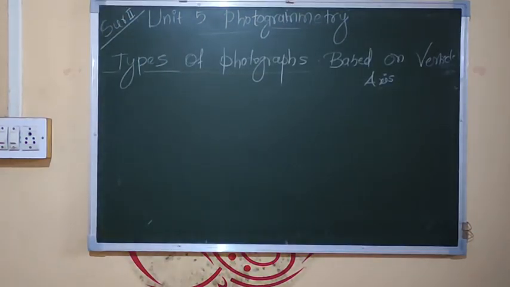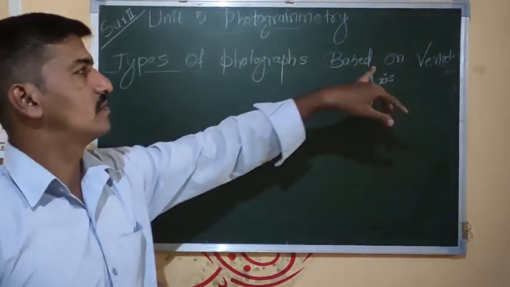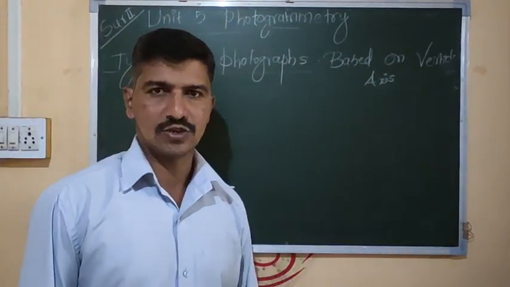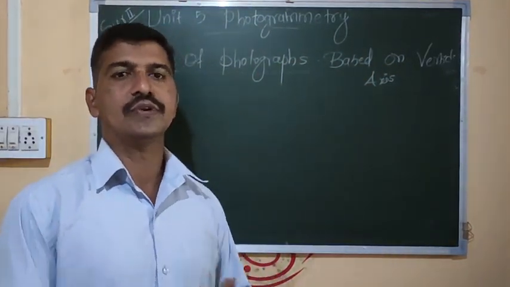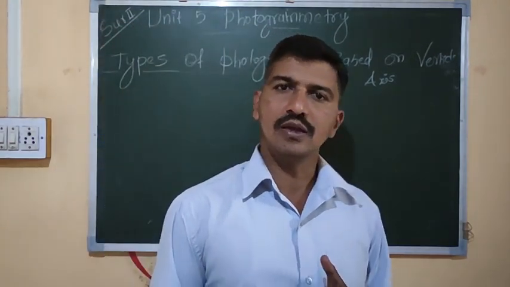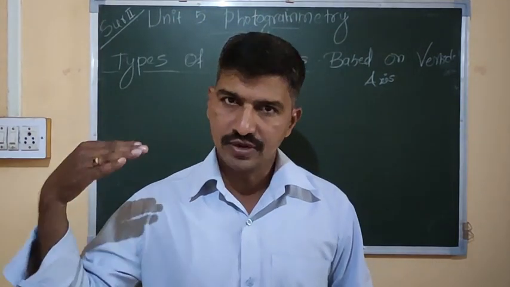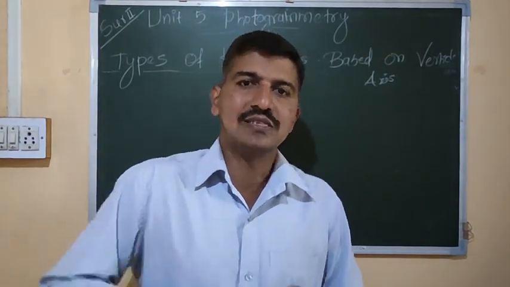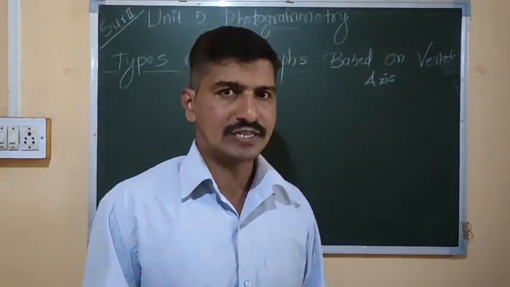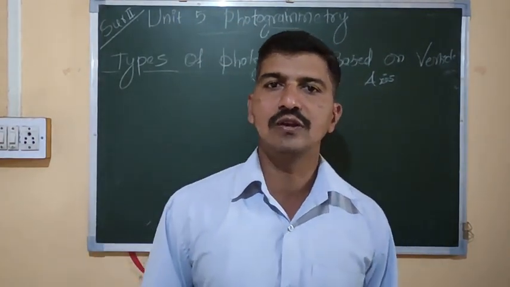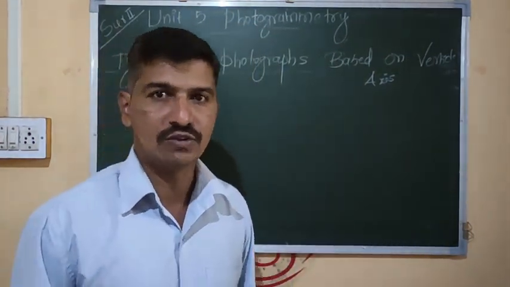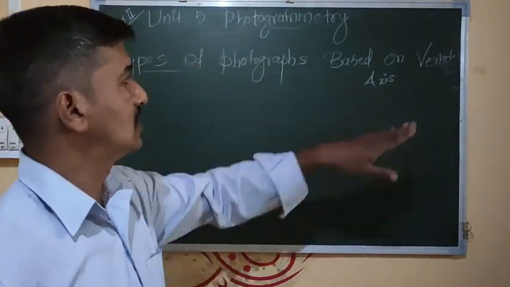Second, the next types of photographs are based on the vertical axis of your photo. Previously we have seen that if an aircraft is used, it is an aerial photograph, and if it is placed just above your ground, it is a terrestrial photograph. That again depends on the vehicles used for mounting the camera. Here the base is the vertical axis.